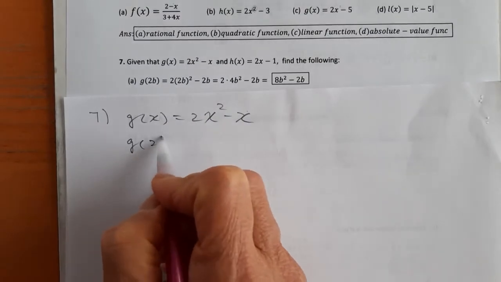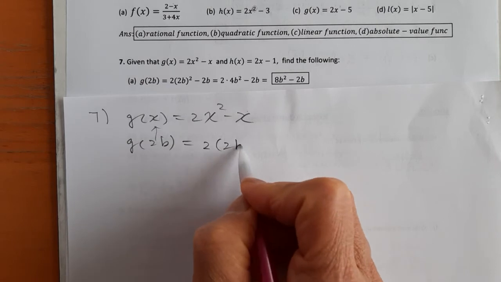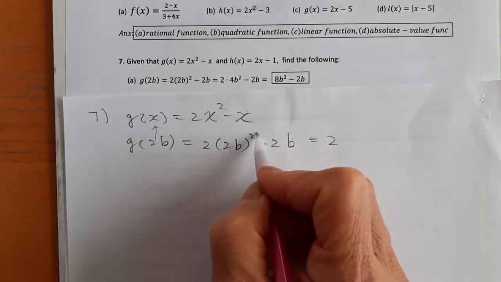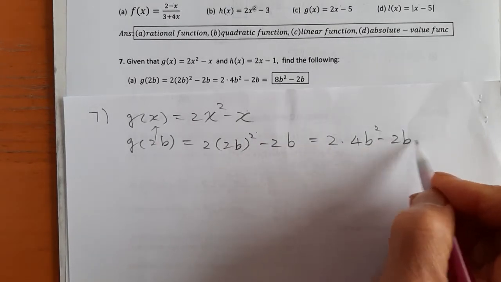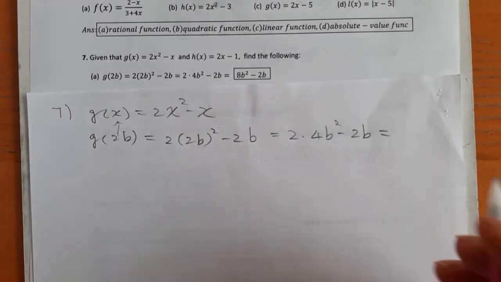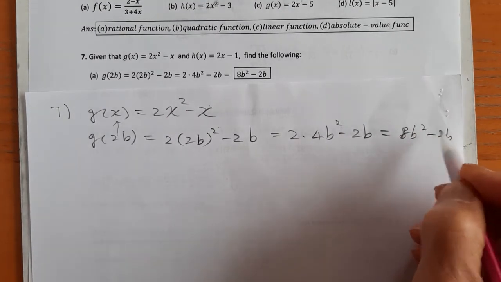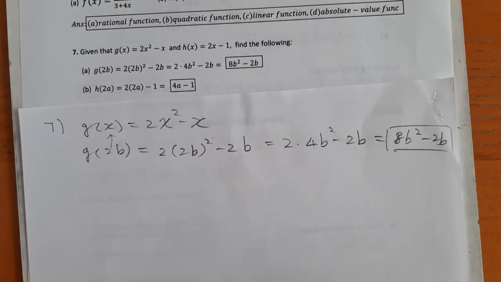So for g of 2b, substitute the 2b in x: 2 times (2b) squared minus 2b. 2 squared is 4, b squared is b squared, minus 2b. So 2 times 4b squared is 8b squared, minus 2b.